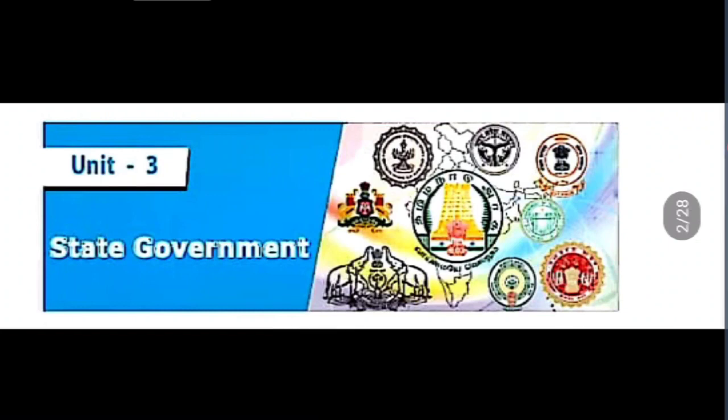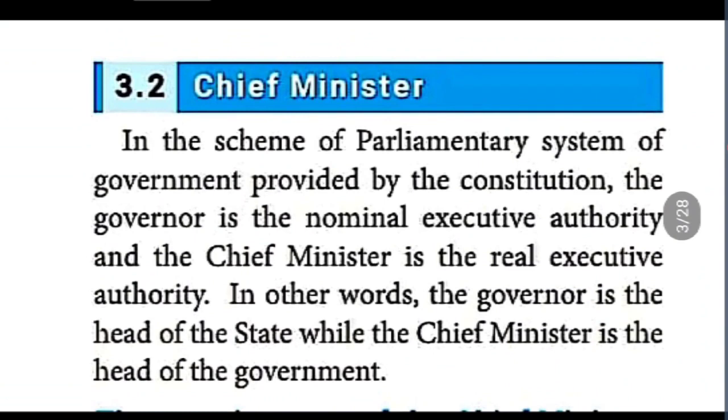Today we are going to enter into part 3.2, which is regarding the chief minister as well as the council of ministers. If time permits, I will teach the state legislature also.